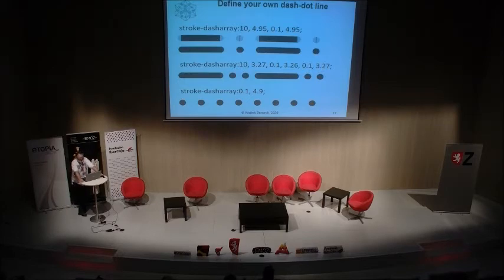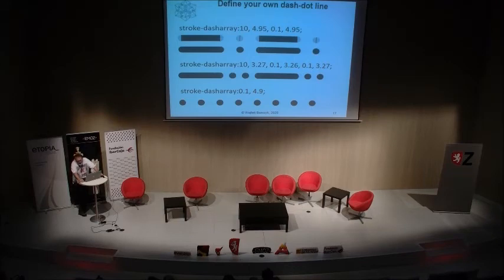So we have dash of 10, gap of 4.95, almost nothing, this 0.1 dash, and remaining part of the gap. That's on the top. We can see the small black line, but also the gray caps which are added.